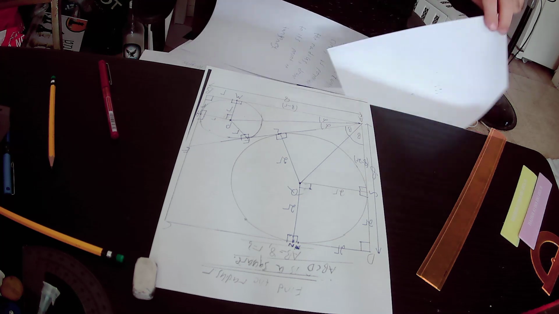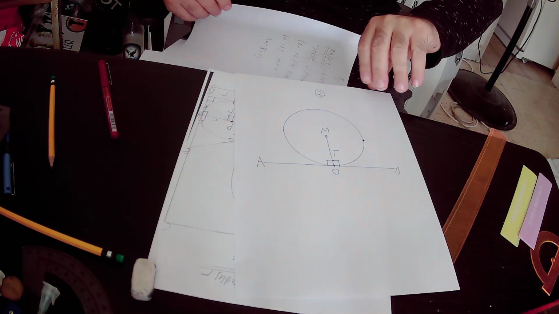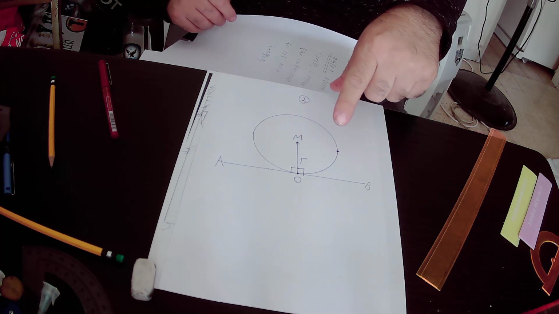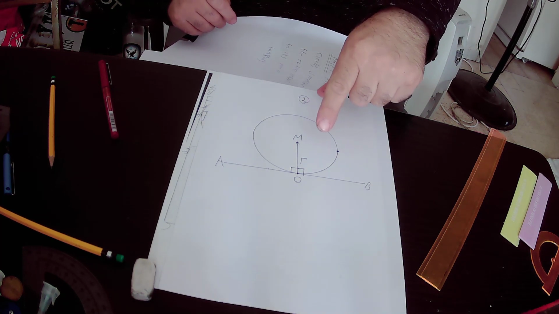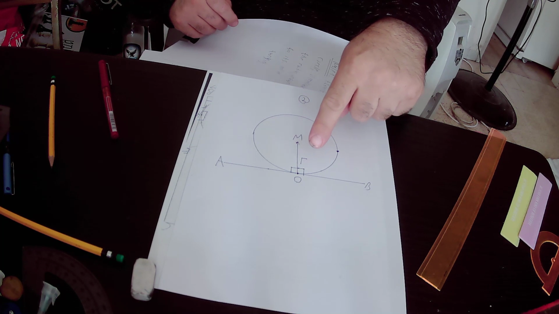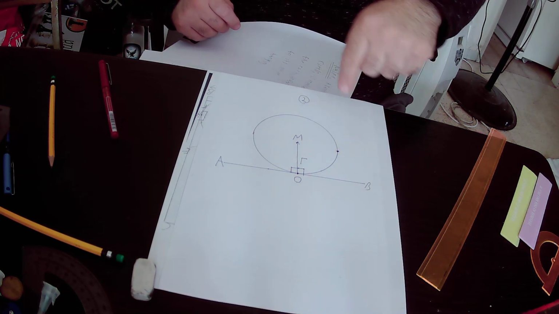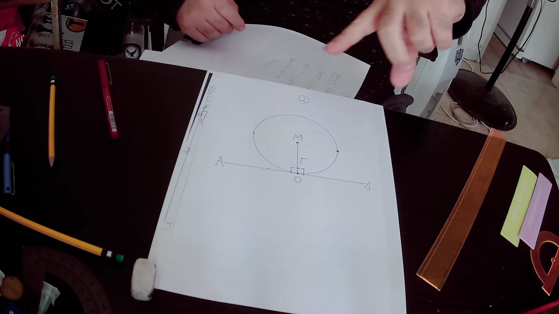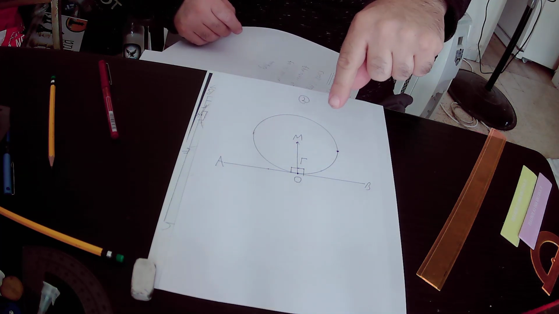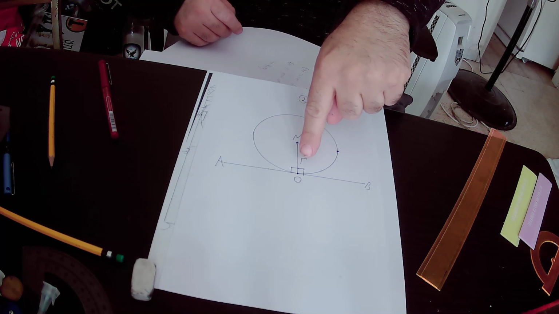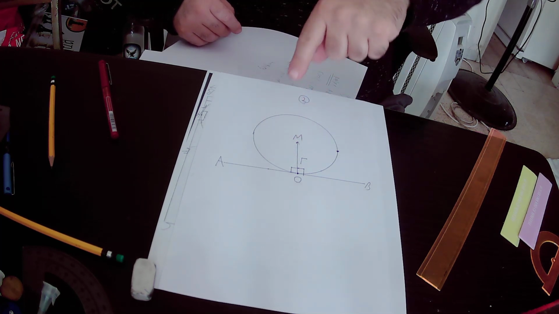So the meaning of rule number one is that if the radius of this circle is drawn to the point of tangency, that is to say point O, then the tangent AB will be perpendicular to this radius, that is to say this angle is 90 degrees and this angle is 90 degrees.